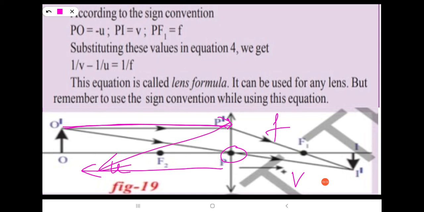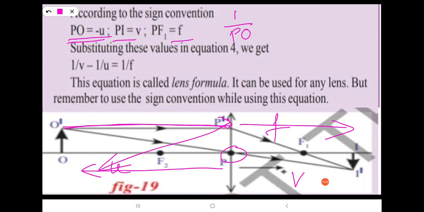So here we have to take PO equals minus u. And the measuring of the image distance is in the direction of the incident ray. So that's why we are taking PI equals v. And similarly PF1 equals f. Now substitute these values in the above equation.